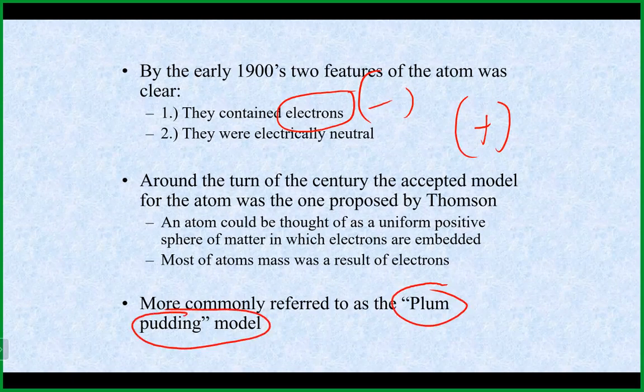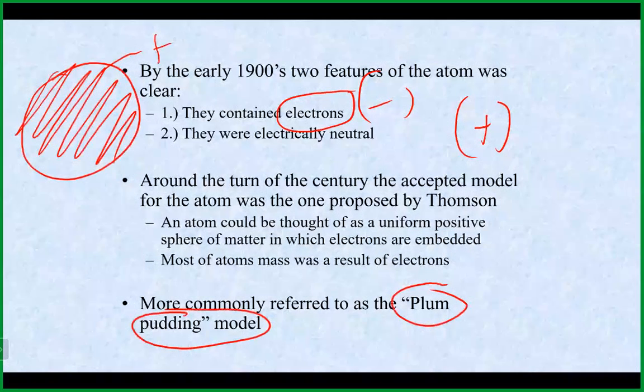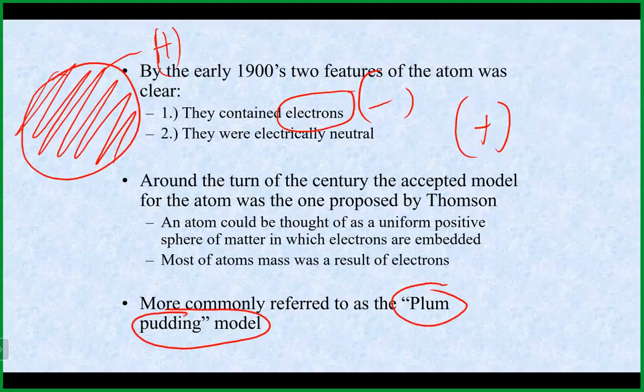And the Plum Pudding model of the atom is essentially a sphere of positive charge. So you've got this sphere of positive charge, and embedded inside the sphere of positive charge are these negatively charged electrons. So we have this really big sphere where the positive charge is spread out all over it, and we have these electrons embedded inside.